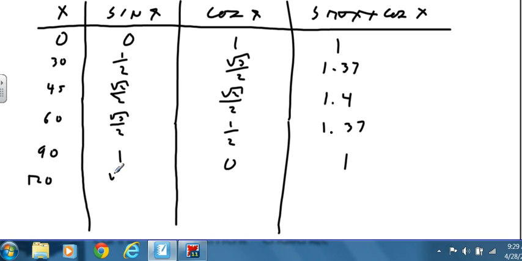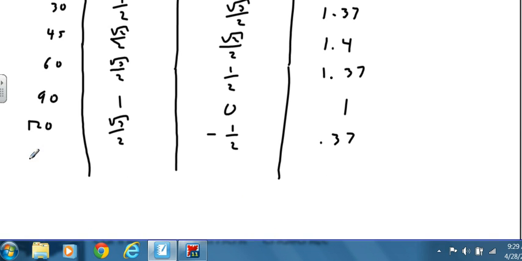I'm at square root of 3 over 2 minus a half. Alright, so I take square root of 3 divided by 2 plus 0.5, and I end up, no I don't, minus 0.5. Alright, excellent. 0.37.